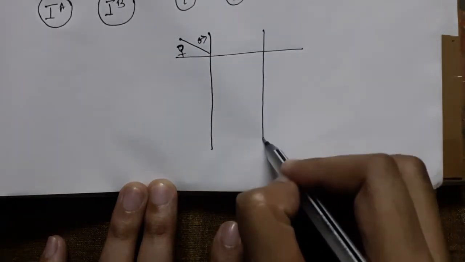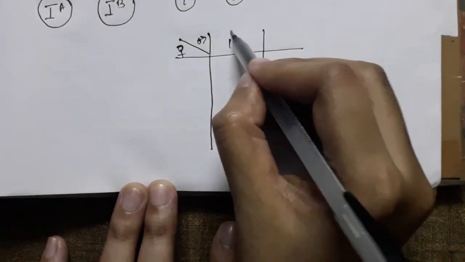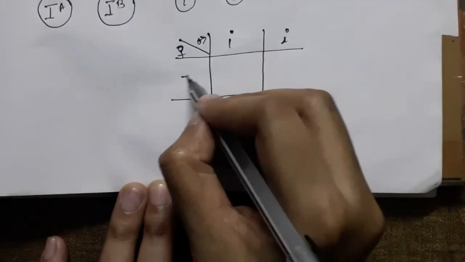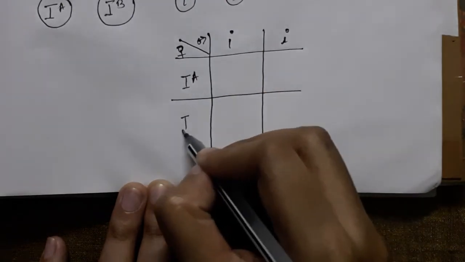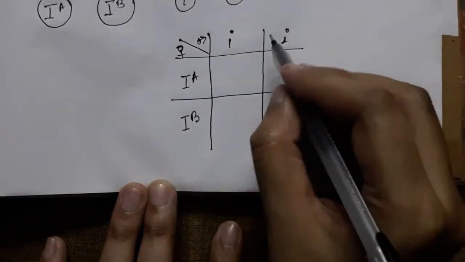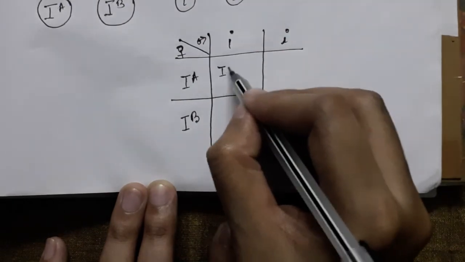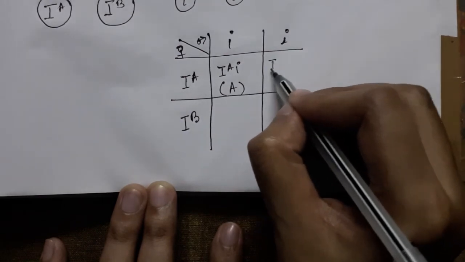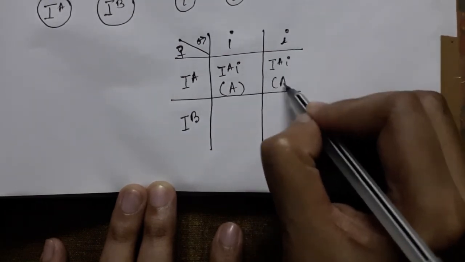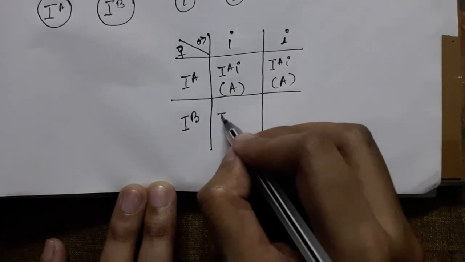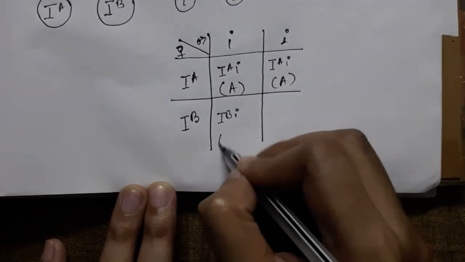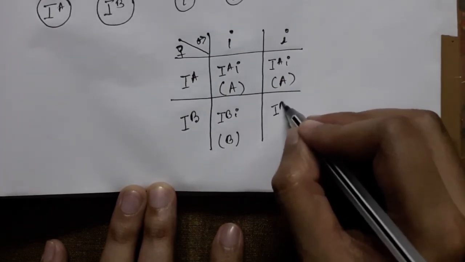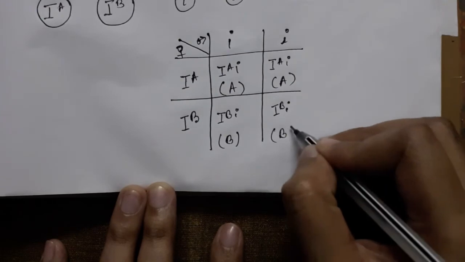So the gametes that the male will be carrying is small i, and the female will be carrying IA and IB. So the genotypes of offspring would be IA i, which is A blood group, IA i, which is also A blood group, IB i, which is B blood group, and IB i, which is also B blood group.